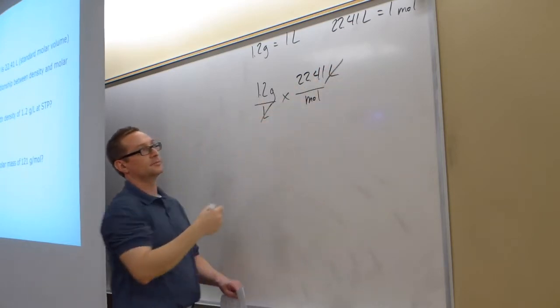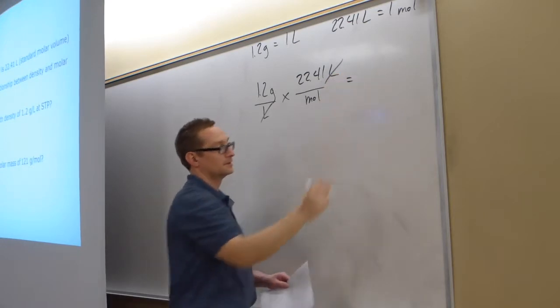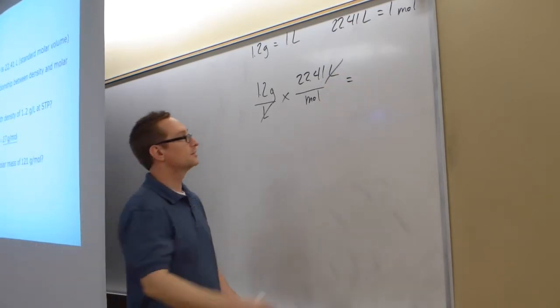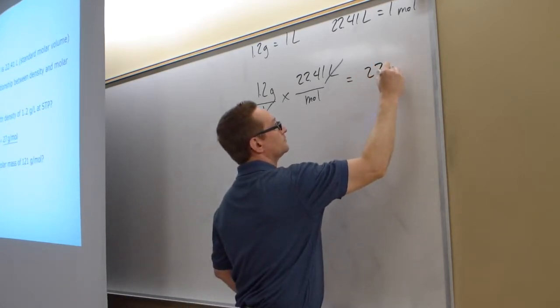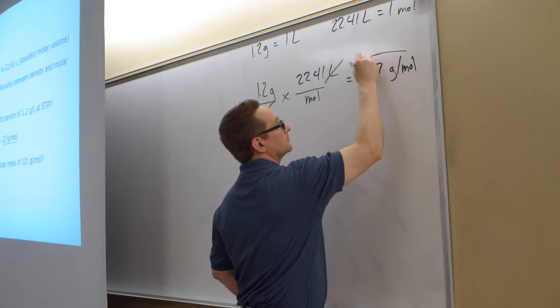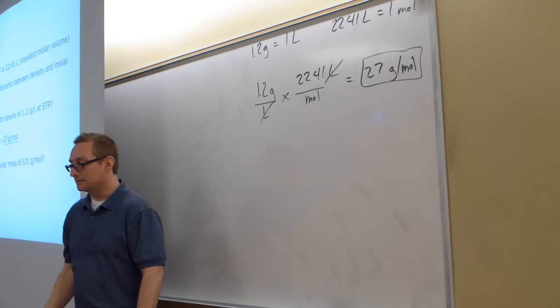Liters will cancel, and you'll end up with units of grams per mole for your molar mass. Right, so that comes out to be 27, right, into 2 sig figs, of course.